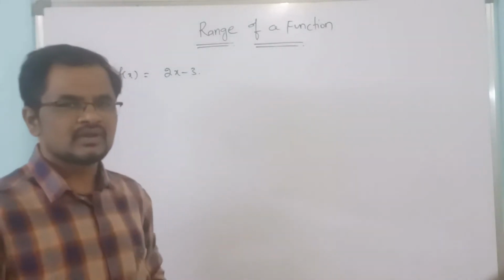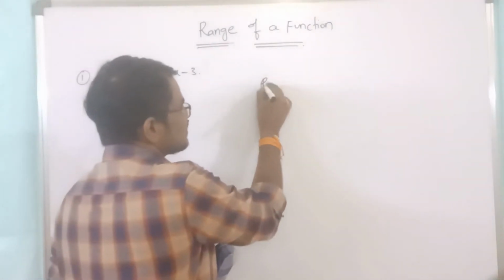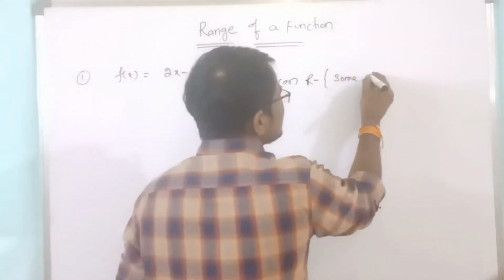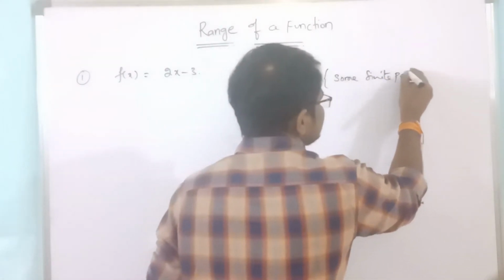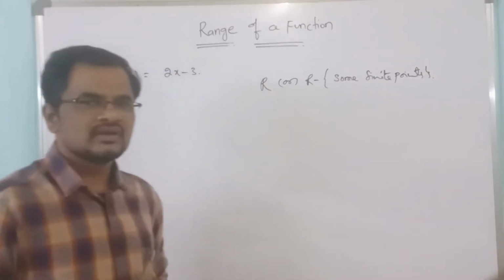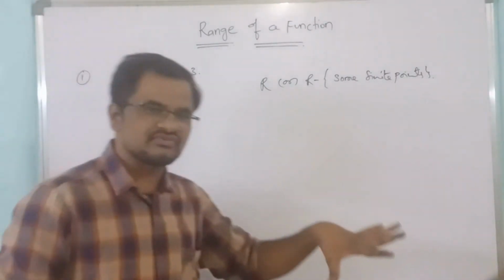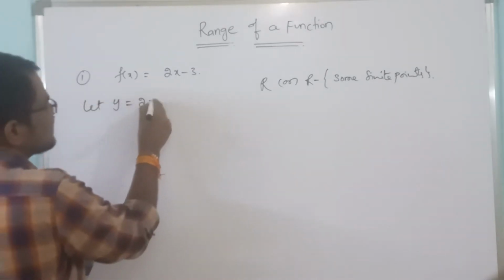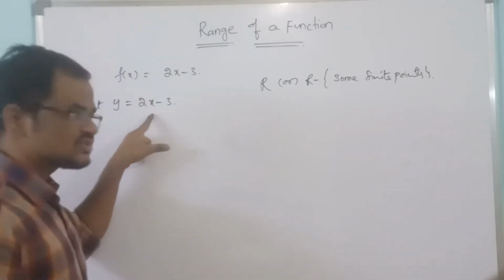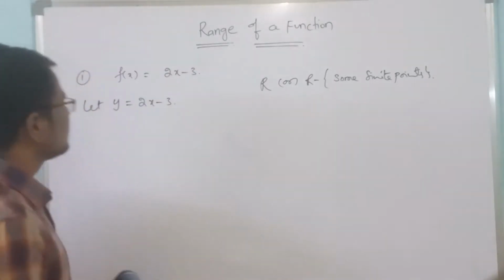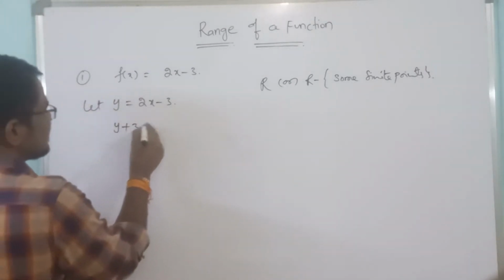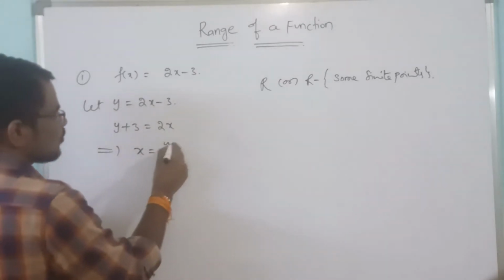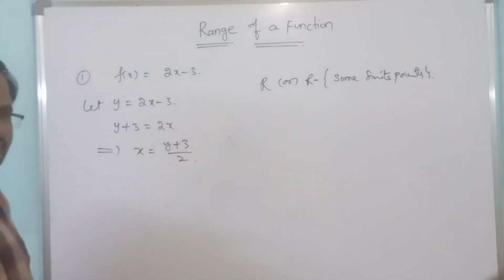So whenever the domain of the function is the real numbers, or the real numbers except some finite points, for finding the range we take y equal to 2x minus 3. After that we have to find x in terms of y, like this. So y plus 3 equal to 2x. That implies x equal to (y plus 3) divided by 2.